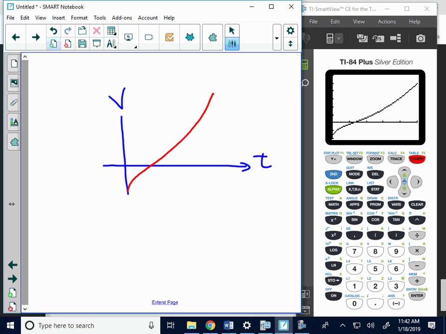Now, this seems a little simplistic, but I find it very useful for many students. This is the 0 line. This is where velocity is 0. Everything above that line, up here, this is positive world. Now that sounds a little silly. Everything down here is negative world.